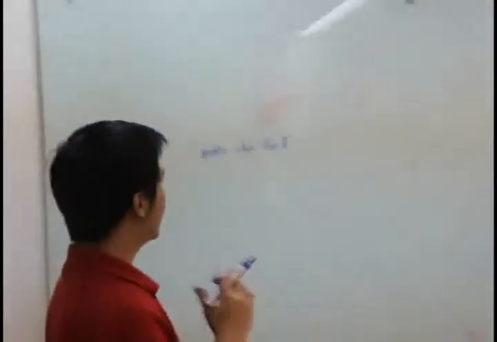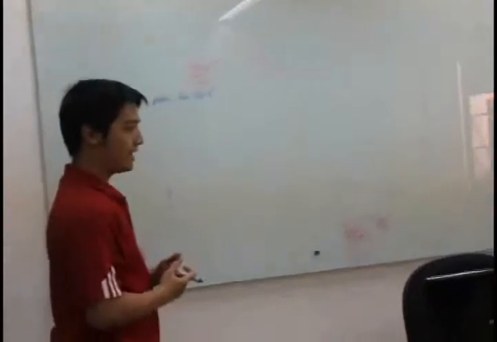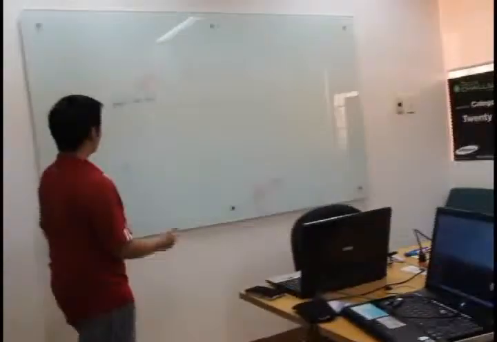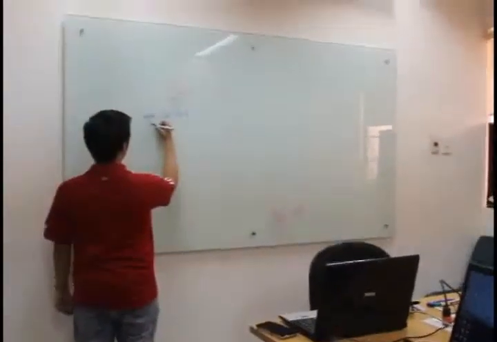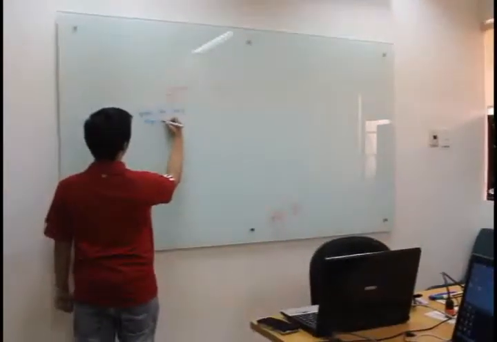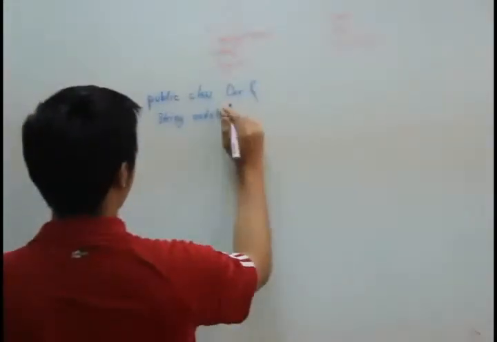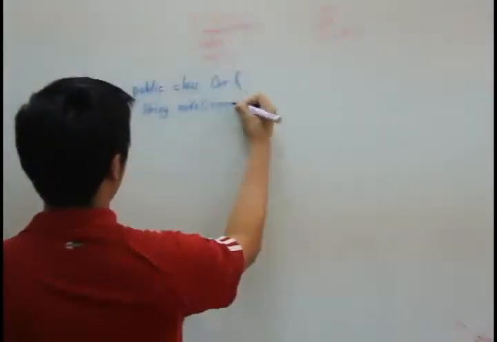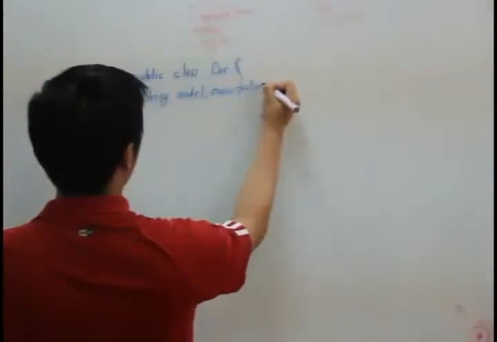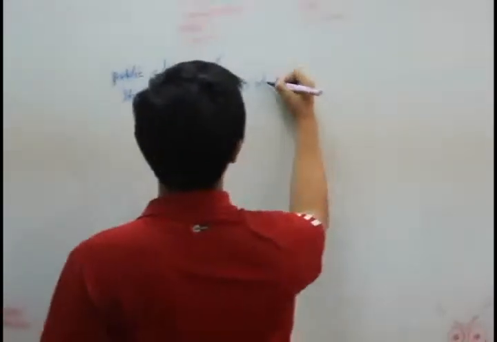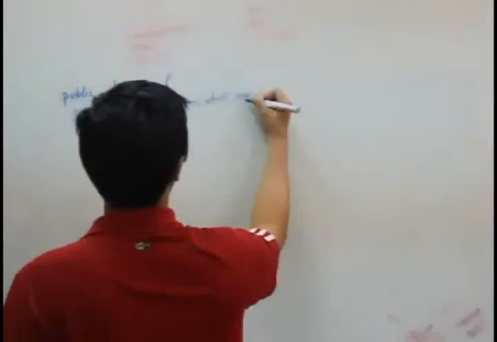So, define natin na car has a model. Okay? So, ibig sabihin, we're going to create a data type na model. Do you still follow? Aside from model, meron siyang manufacturer, wheel, engine.